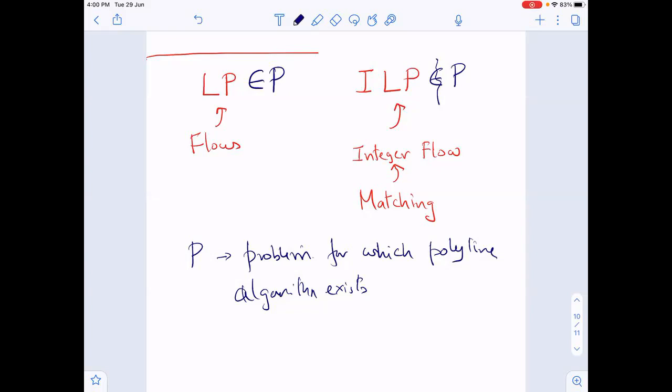But it so happens that integer flows and matching are actually in P. While ILP doesn't have a polytime algorithm, integer flows and matching have a polytime algorithm.